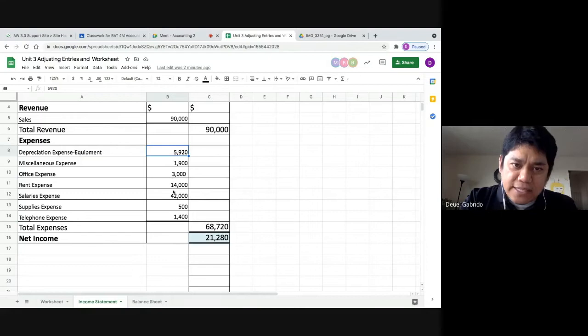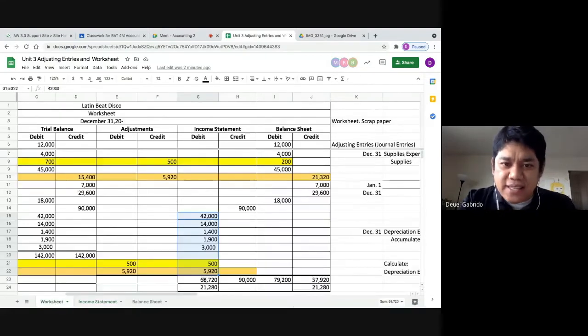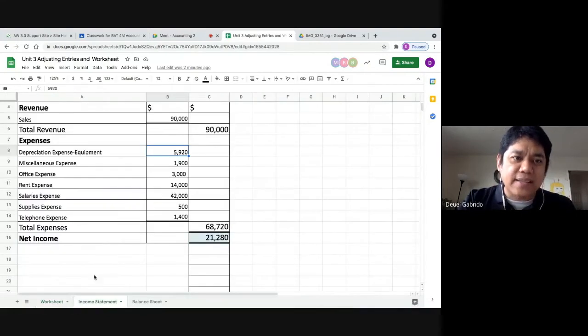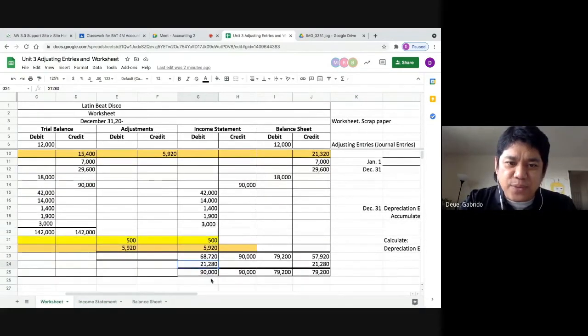When we add all these, the total expense is 68,720, which is the same as this. And when we calculate the income, 90,000 minus 68,720 is 21,280, which is the same as here, 21,280. Do you understand that?